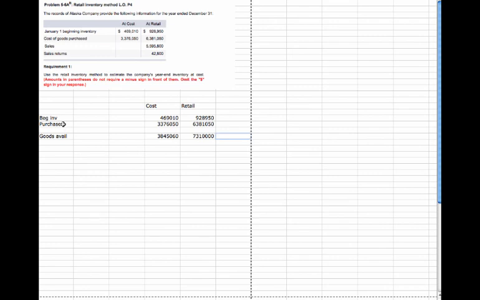Now, if I look at these two numbers, I can ask, what's the relationship between cost and retail? At this point, I could create a little formula that says, take my cost divided by my retail, and I get 52.6%.